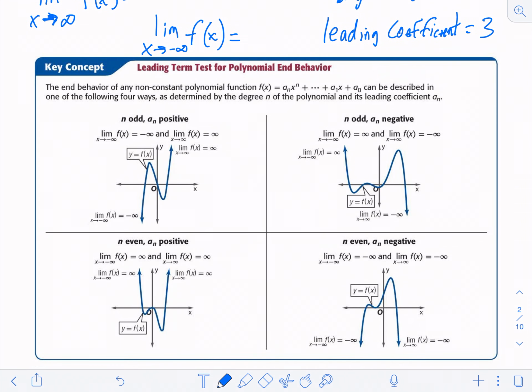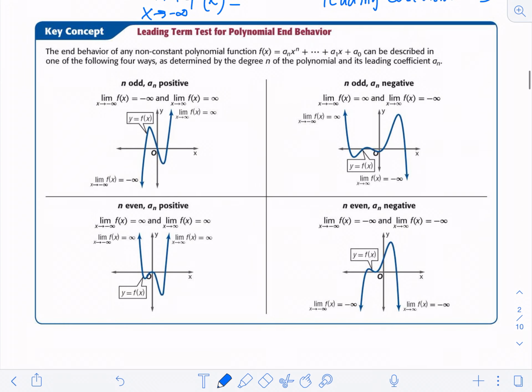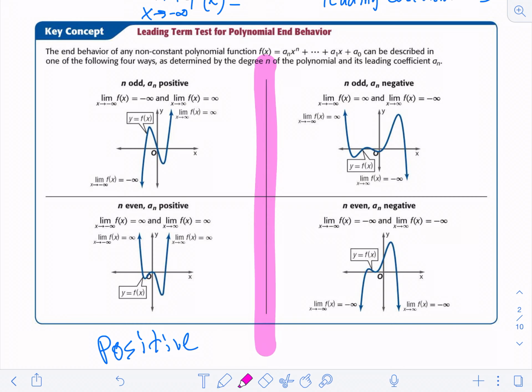This chart's broken up into 4 parts, and I want to talk about the leading coefficient first. If the leading coefficient, which they call a sub n, is positive, I'm going to break this up into 2 parts here. If the leading coefficient is positive, then the graph is going to look similar to what we saw on that previous page. If it's an odd graph, it's going to go down and up.